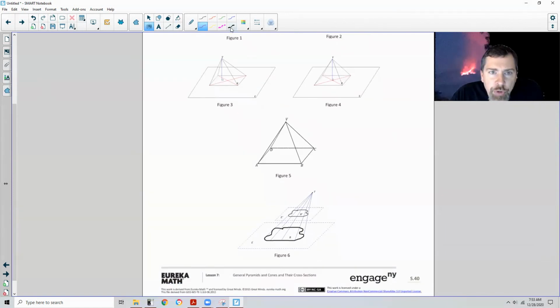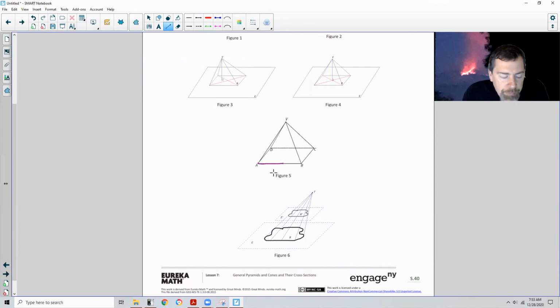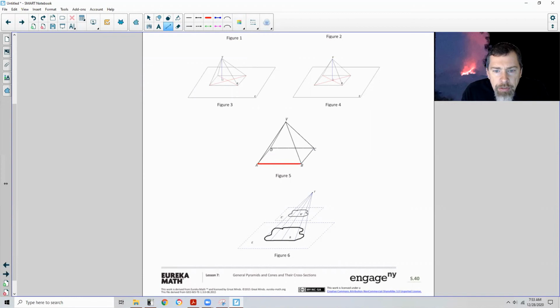Okay, so in figure 5, we're going to name things. So if I choose a segment and let's make it red, and if I draw a segment from A to B, and then from B to C, and then from C to D, and then finally D back to A. Well, that is, let me just fix DA.